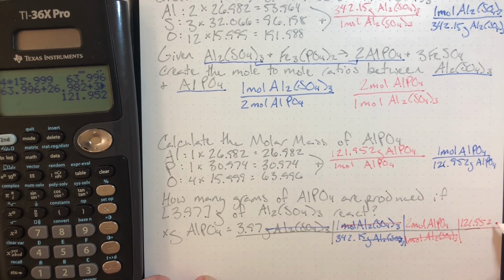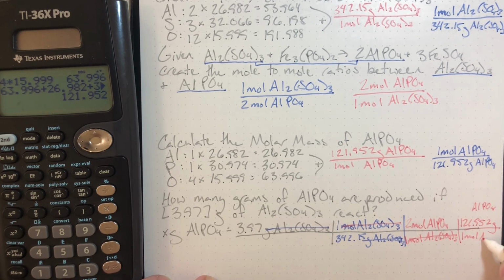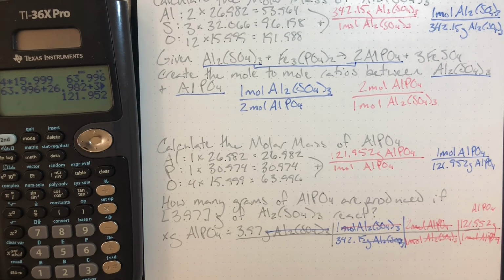I did not leave myself enough room for the entire thing to fit on one line, so I will move aluminum phosphate above to accommodate this. Moles of aluminum phosphate will cancel, leaving me with grams of aluminum phosphate, which was the unit that I said I wanted in the beginning, which means that I can now solve the problem.